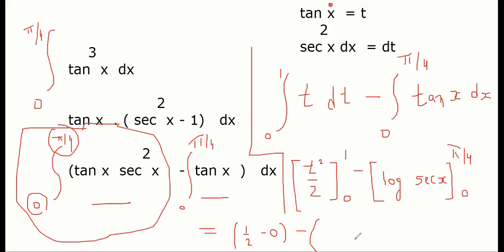So secant of pi by 4 is root 2. Everybody agree? So log of root 2, minus log of secant of 0. What is secant of 0? What is cos of 0? Cos of 0 is 1. Secant of 0 is also 1.